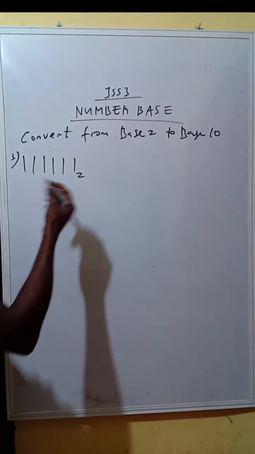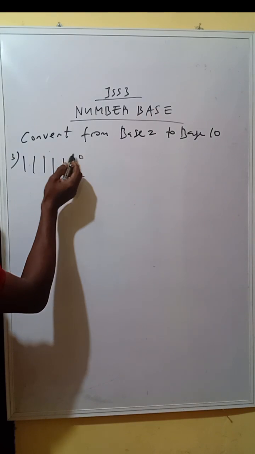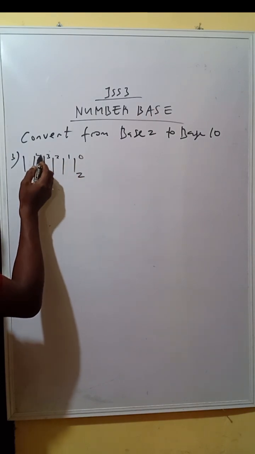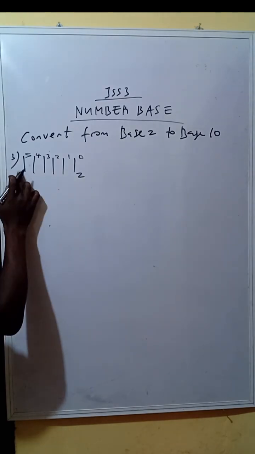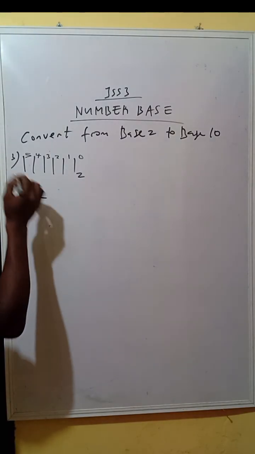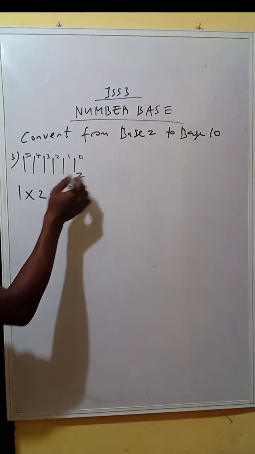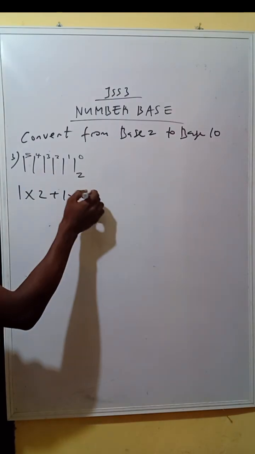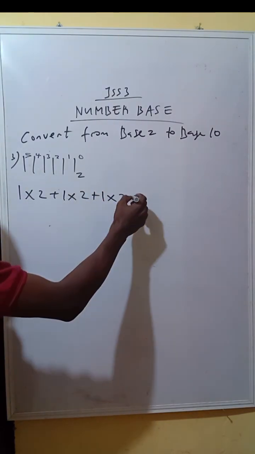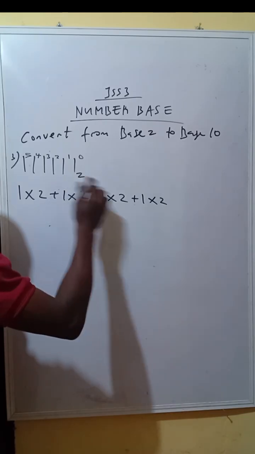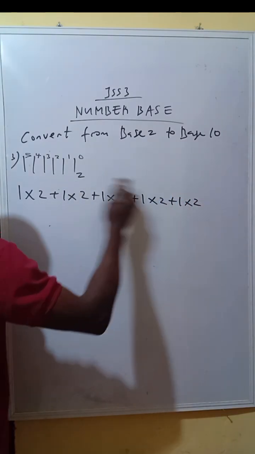So the same concept, you number the digits 0, 1, 2, 3, 4. So you can do this: 1 times 2 plus 1 times 2 plus 1 times 2, the fourth one plus 1 times 2, the fifth one plus 1 times 2.